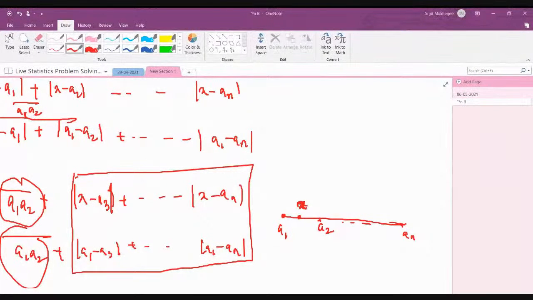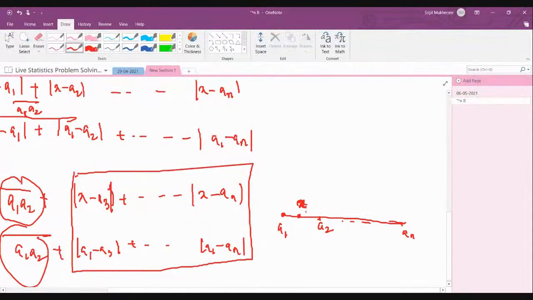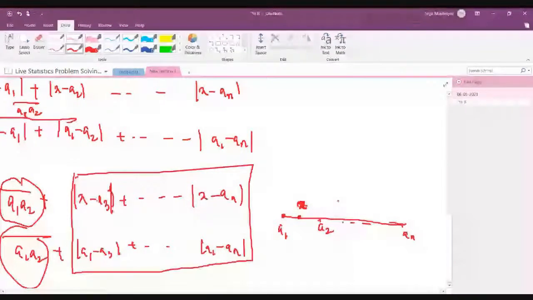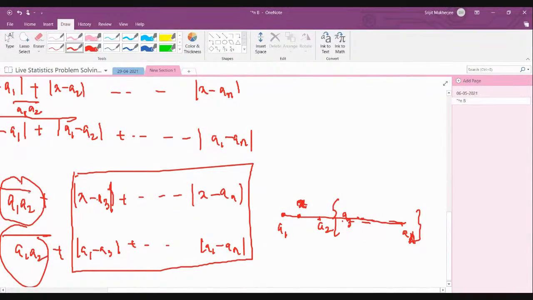Exactly, Hemant. Lovely. So essentially, the outside points we can ignore, because we are now minimizing with respect to a3 dot a4 dot dot an, since a1 a2 is constant now. Do you understand now, guys?